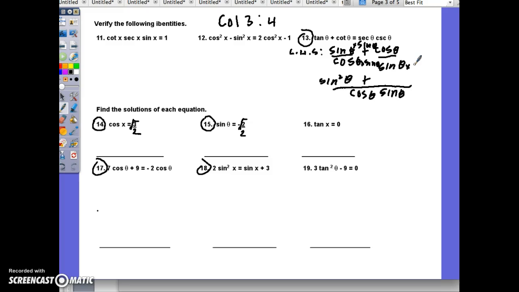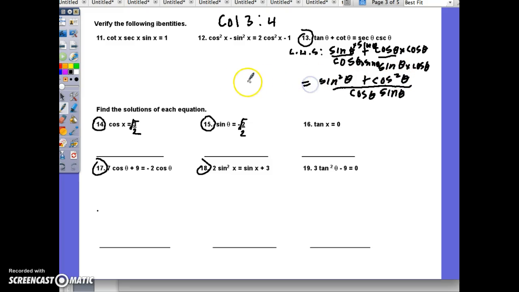It would have to be multiplied by cosine theta, in which case we have to multiply the numerator by cosine theta. Cosine theta times cosine theta is cosine squared theta. As you can see, we have sine squared theta plus cosine squared theta.